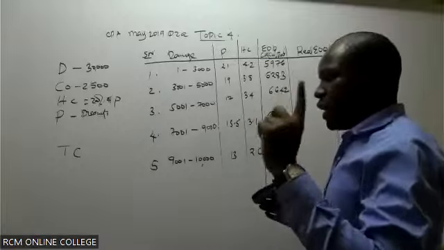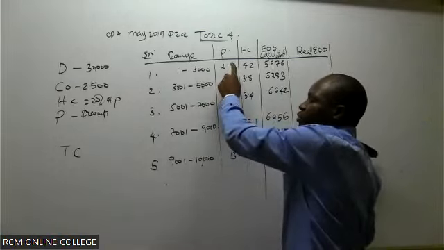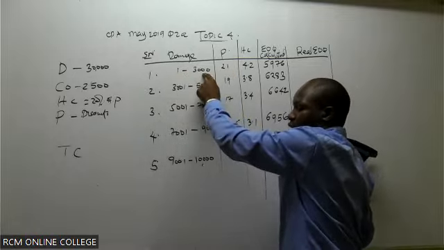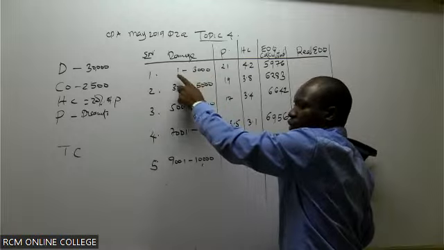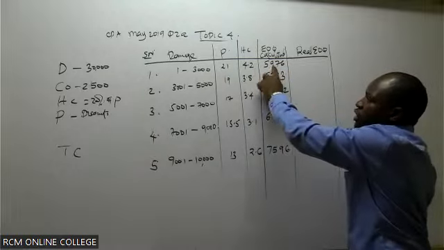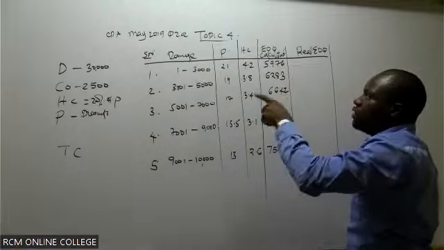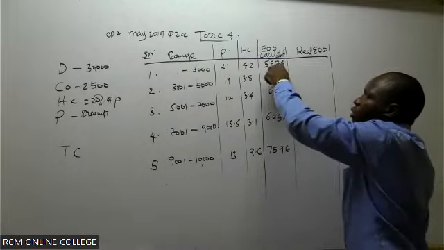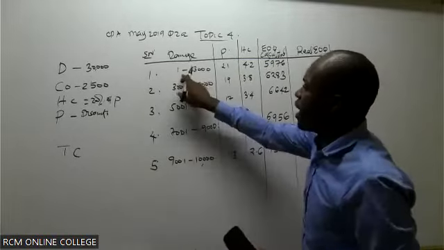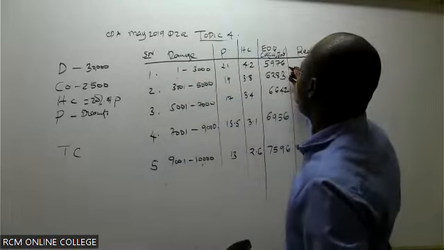For you to get the discount so that you can purchase these goods at 21 shillings per unit, you must have purchased goods between 1 to 3,000. If you look at your economic order quantity, it is above this range. And the rule says you are allowed to order above economic order quantity, but not below. And since the range here is below your economic order quantity, you cannot order. So what are we going to do? Ignore.